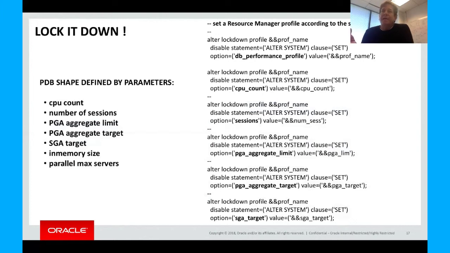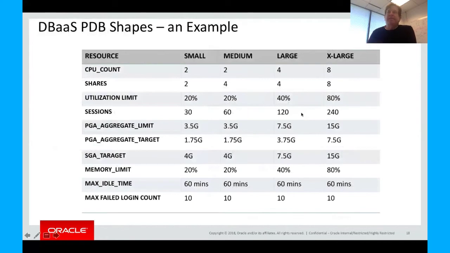Rather than granting privilege, which tends to be binary, where you get everything or nothing, we can grant you a subset of privilege in the context of the lockdown profile for statements, as well as functionality associated with options or packages. So we can limit exposure to the operating system through these resource management profiles. And this is a simple example of different shapes that I had shown you earlier.